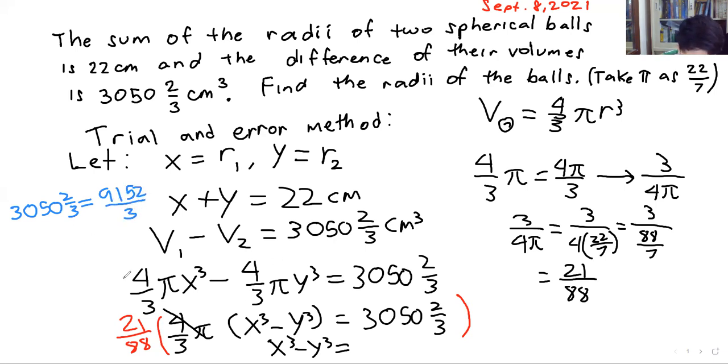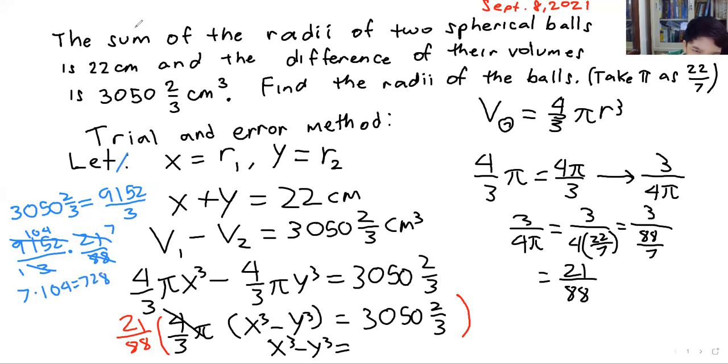If we multiply that by 21/88, that's 9,152/3 times 21/88. So we can start canceling. This 3 and 21 cancel, leaving 7, and this will be 104. So 7 times 104 equals 728. So in total, all this is equal to 728.